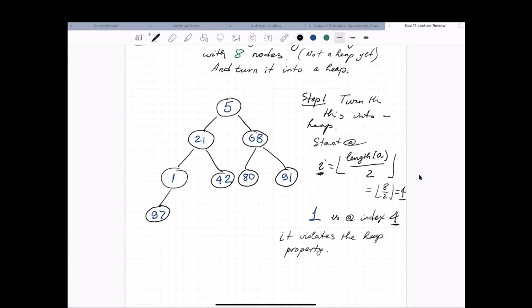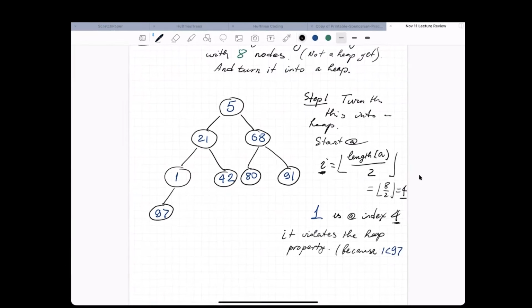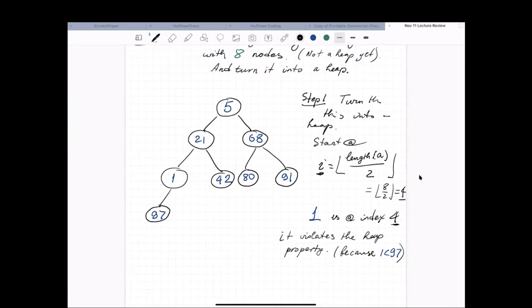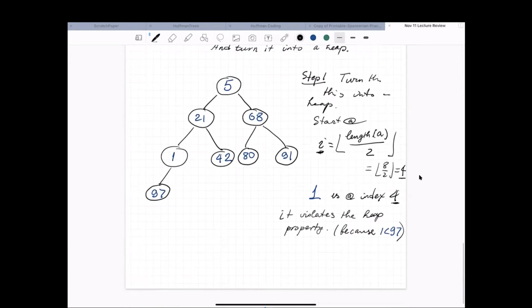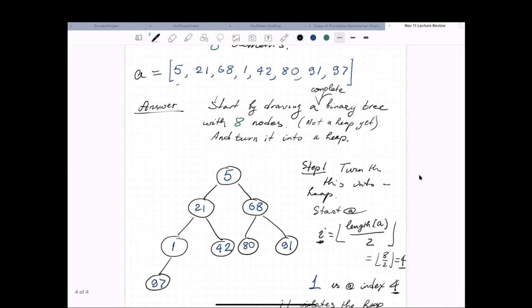So what do I do? Just to be clear, some people may not remember: 1 is smaller than 97, and we're building a max heap. So you exchange the values in the 2 nodes and then divide I by 2 again.